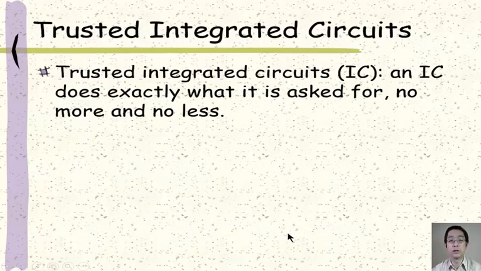A trusted integrated circuit, on the other hand, is a system or an integrated circuit that does exactly what it is asked to do, no more and no less. It is a very simple definition, but it is really very hard to assess the trustworthiness of an integrated circuit from this definition. So let's start with several examples of systems which are not trusted.